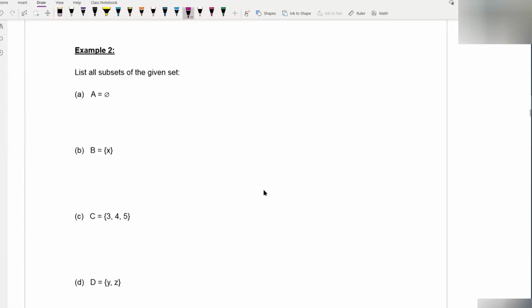In the next page, example number 2: list all subsets of the given set. The first one, our set is A, and that is equal to the empty set. So this one is called the empty set.